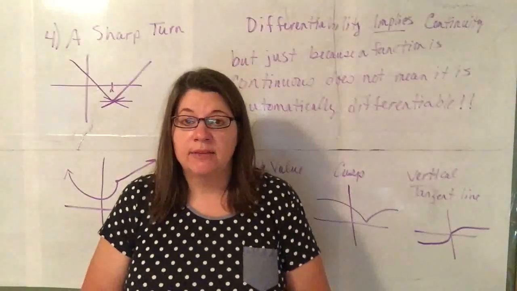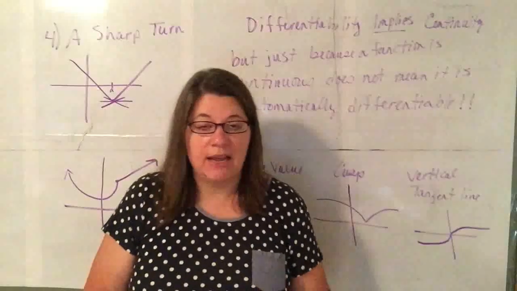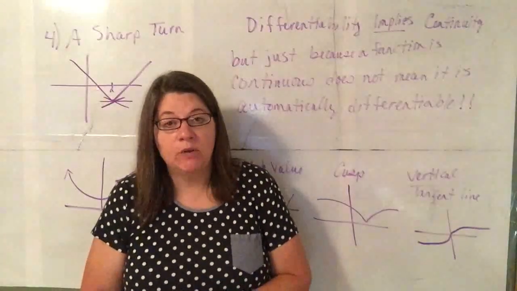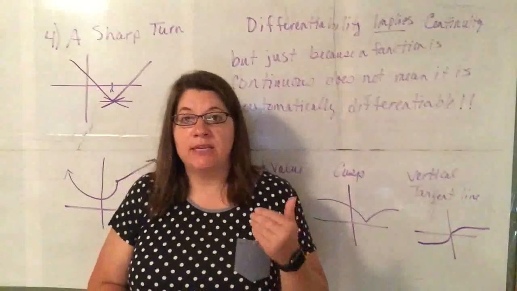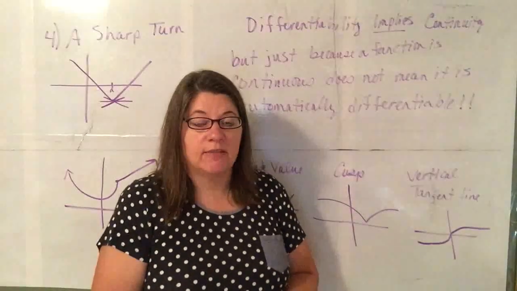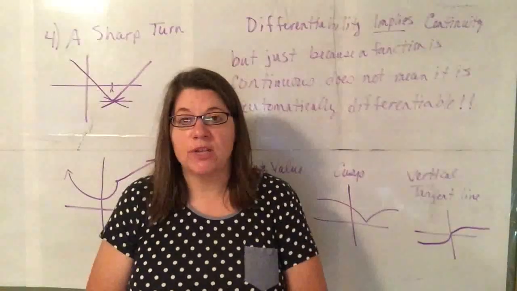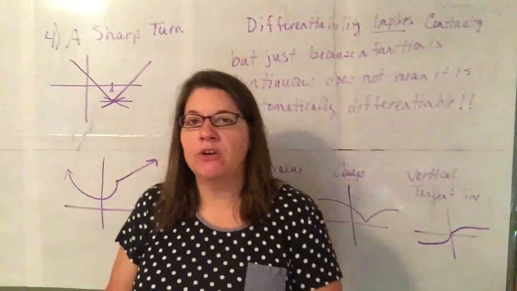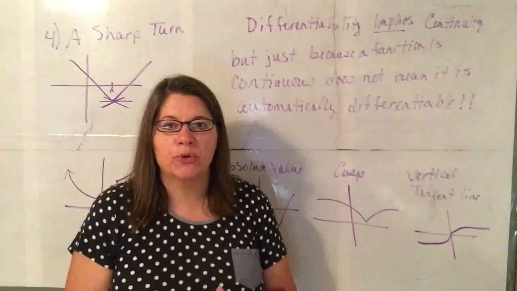If it's not, like it doesn't have an asymptote there, it doesn't have a jump or a hole, or doesn't have a sharp curve, then it would be differentiable. If it does have one of those special cases, then you have to just say this function is not differentiable at that x value. It's pretty simple, but you have to understand when a function is differentiable and when it is not.